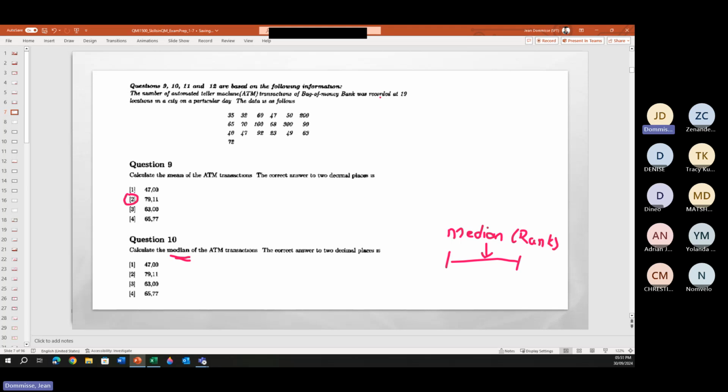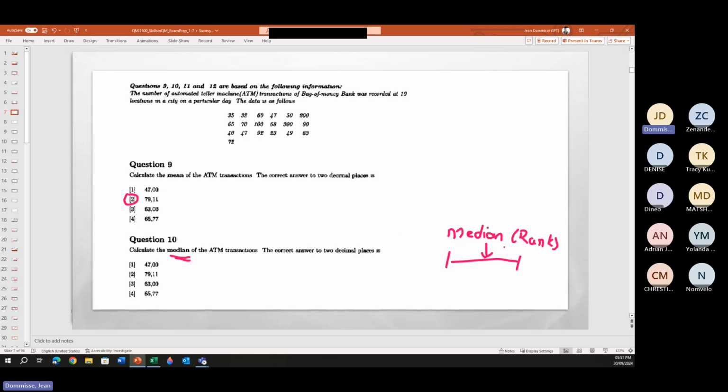So you can't now say, okay, here was 19, so the number in the middle is 10. So 1, 2, 3, 4, 5, 6, 7, 8, 9, 10. You can't say that one of those two are your median.